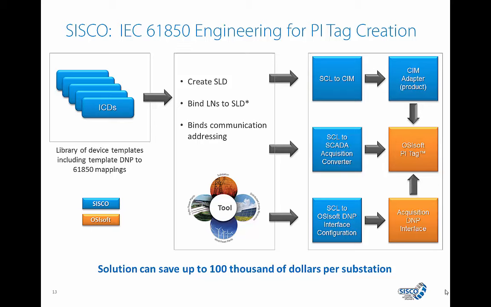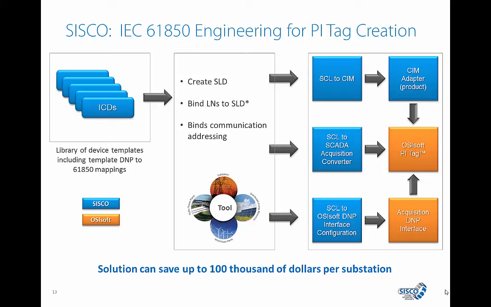We can then take the SCL file, convert it to CIM. We can take the measurement information and create the PI tags with the appropriate interface and acquisition parameters and instrument tags.